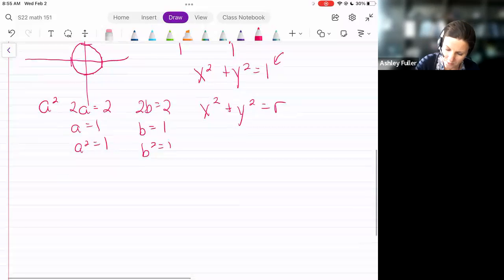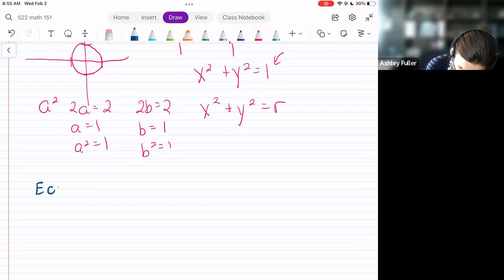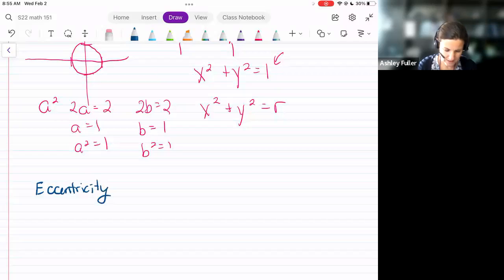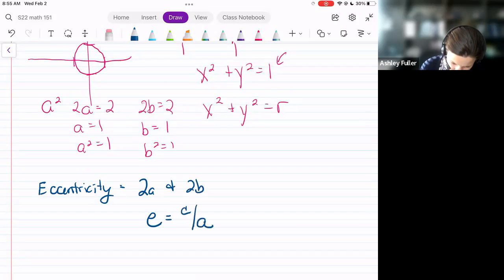The last thing I want to point out in terms of terms that you need to know for ellipses is the idea of something called eccentricity. Eccentricity is defined as, if we take 2a and 2b to be the major and minor axes, then e, the eccentricity, can be calculated as c over a.